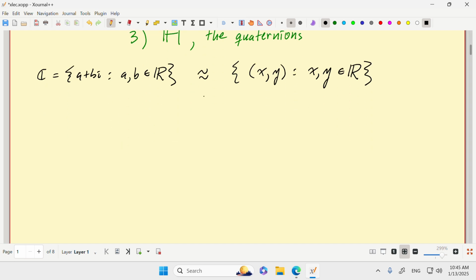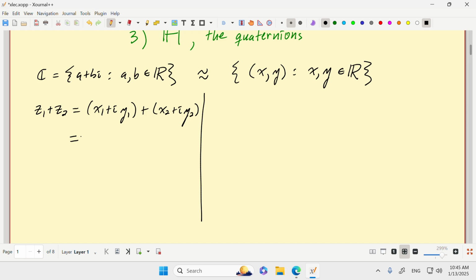Then, like you learned in junior high, if you're going to add two complex numbers, z1 plus z2, let's see, we write x1 plus iy1 plus x2 plus iy2. Of course, you learn how to manipulate complex numbers. You add them like vectors.